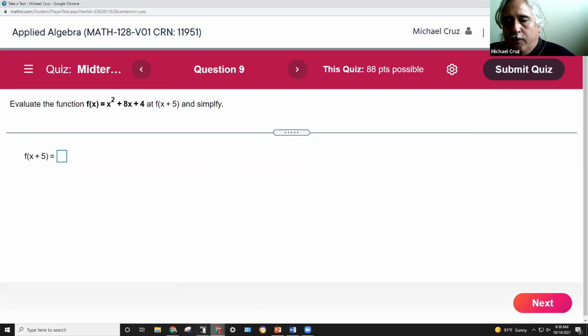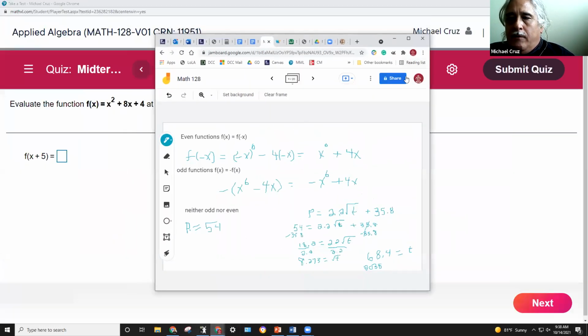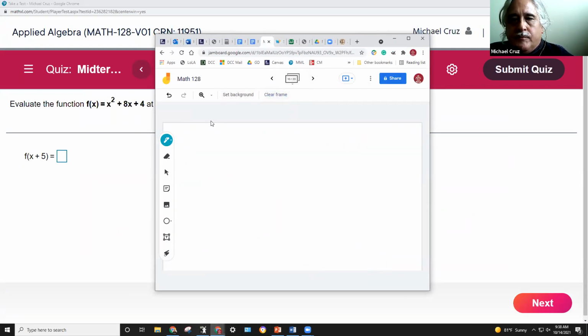All right, what about this one? Anybody got any questions about this one? I mean, basically what you're doing when you do this is you define f of x plus 5.